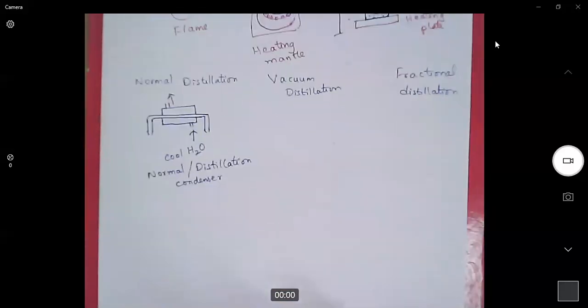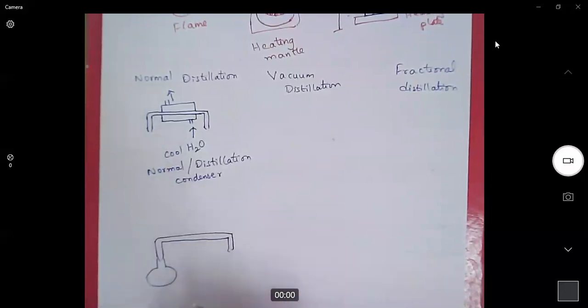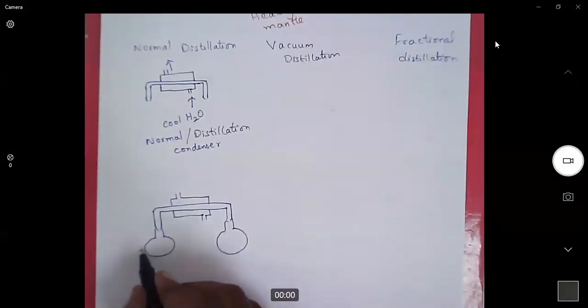How will we use this distillation condenser? A distillation condenser can be fitted to an RB flask, and on the other side it is also fitted to an RB flask. Now, the RB flask is placed inside a heating mantle.